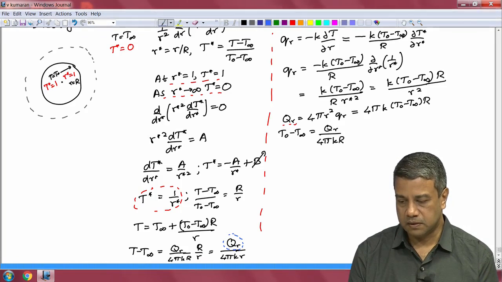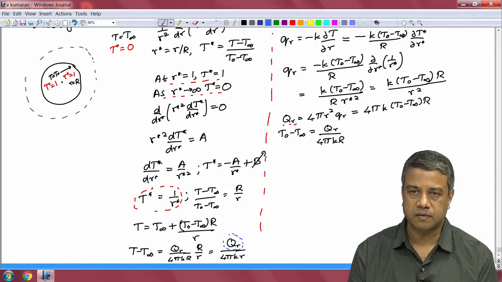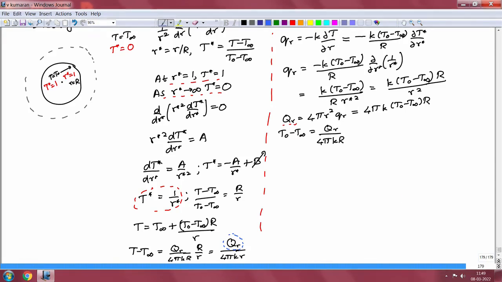We will look a little bit at this concept of the heat transfer rate from a point particle in the next lecture, before we look at conduction from a spherical shell.